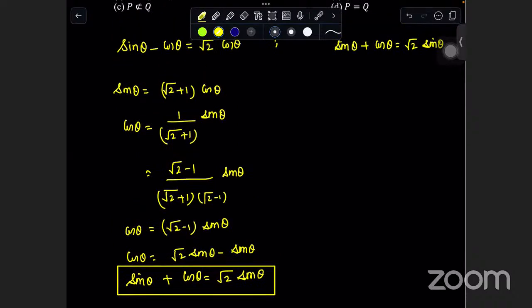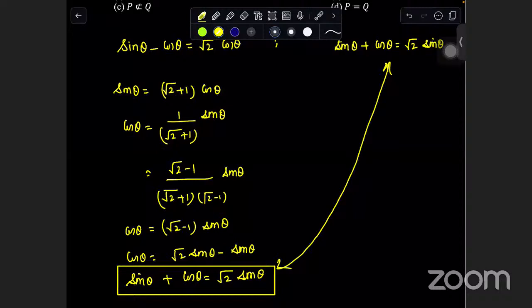Okay, tell me, isn't it the same result as this result? Sin theta plus cos theta is under root 2 sin theta. So if this equation can be converted into this equation, that means they have identical solutions. All values of theta which satisfy this equation will also satisfy this equation.